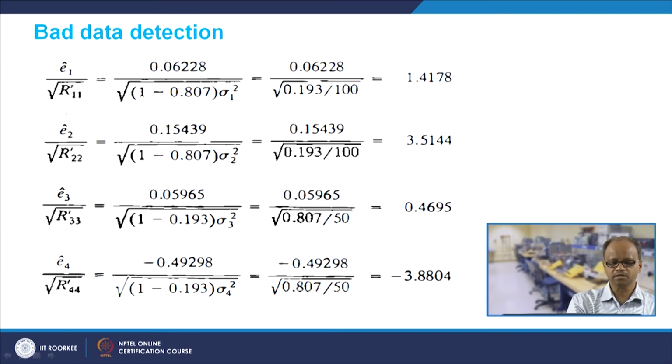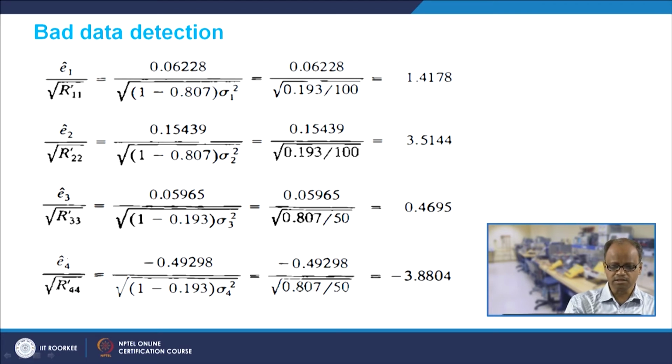So, from this we calculate this. Then we have these weighted values of the estimated errors. We calculate these weighted values: E1 hat by root R11 dash, E2 dash by root R22 dash, E3 dash by root R33 dash, E4 dash by root R44 dash.